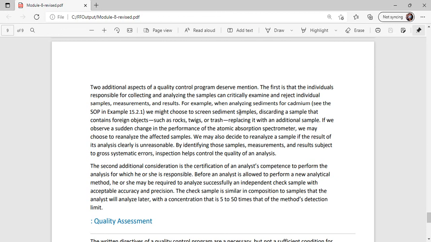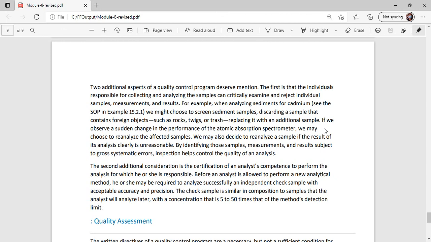For example, when analyzing a sediment for cadmium, okay, we must screen the sediment samples, discarding a sample that contains foreign objects such as rocks, twigs, and trash, and replacing it with an additional sample.